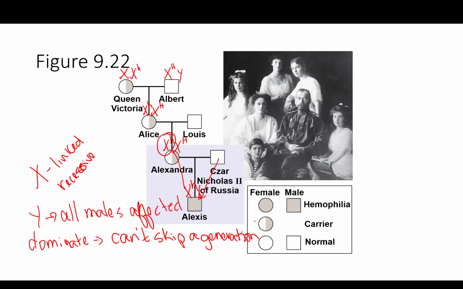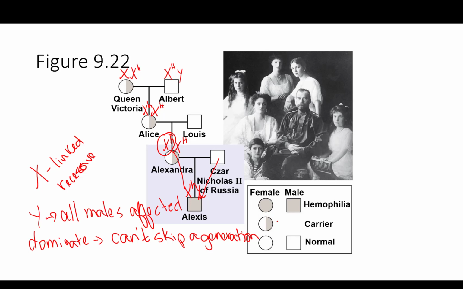Okay, so the 2 most tricky are X-linked recessive and just regular recessive. Usually when it's sex-linked, they're going to show you who is a carrier and who isn't. So that can actually be an indicator of whether or not it's sex-linked. Recessive can skip a generation, and you should have close to equal numbers of males and females.